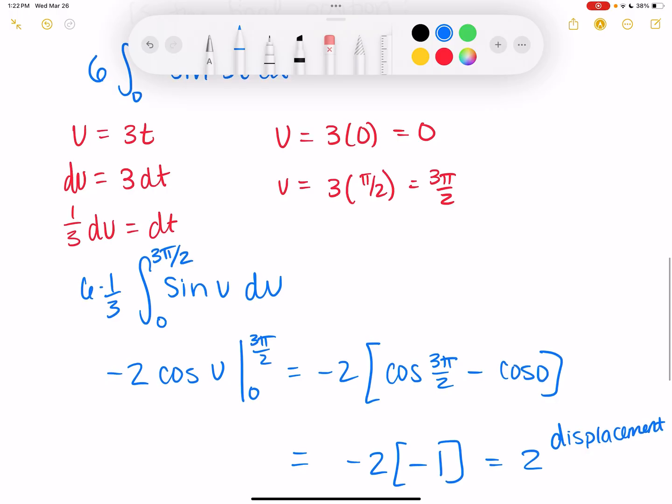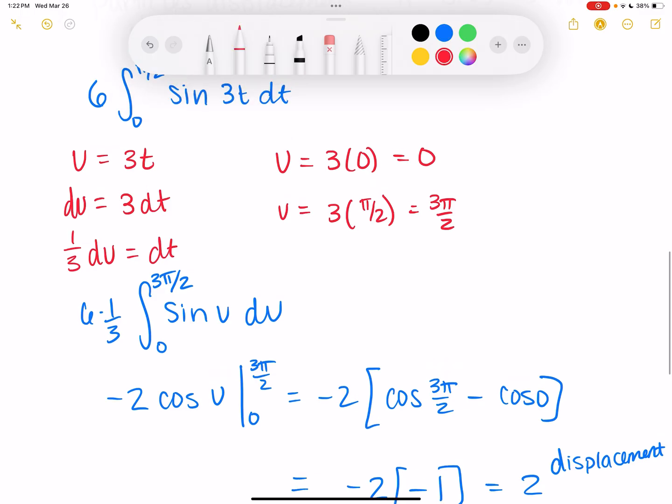But you could have also just left them as they were, and you would have had to plug in 3t again. I basically just already plugged in the 3t instead of replacing u back, because notice I never replaced u back because I changed the limits. It would have just been like negative 2 cosine of 3 times whatever. So we can still do it that way.